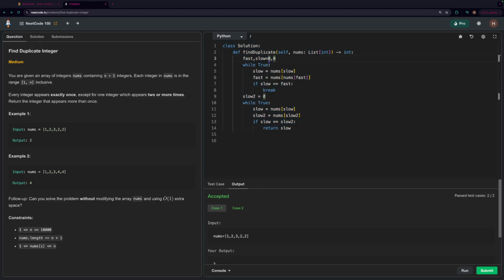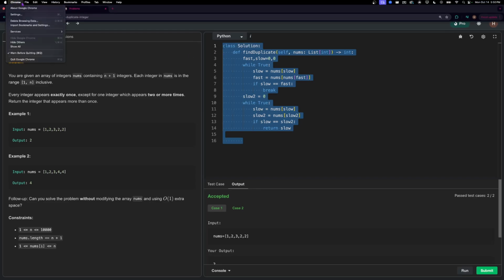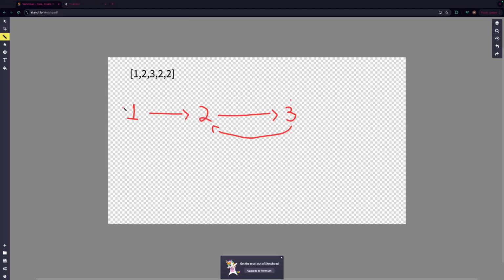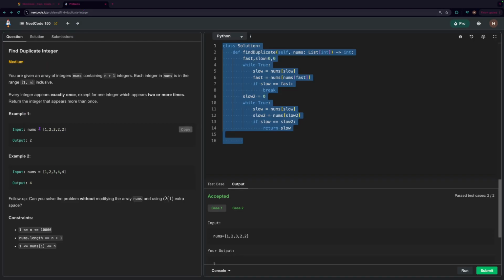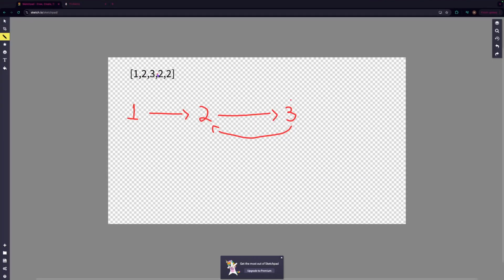But anyways, this is how you can solve this problem. You can look at this problem as a linked list problem. It's not necessarily an array problem. The reason I say that is because what we're actually trying to do here is find if the linked list that we're constructing contains a cycle. Let me pull this up here. For example, we have this test case 1, 2, 3, 2, 2, which I wrote out here.